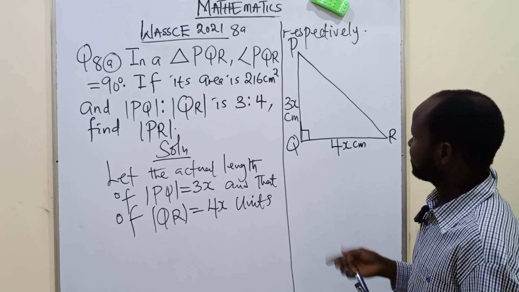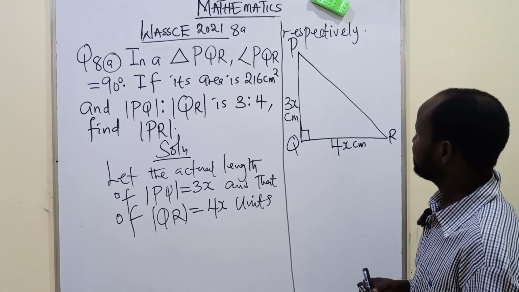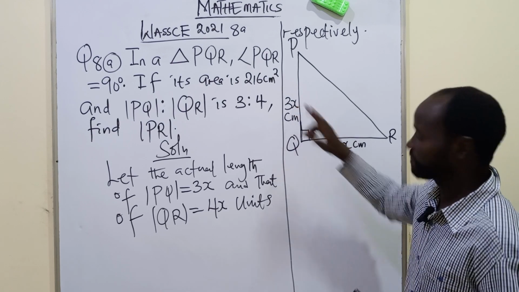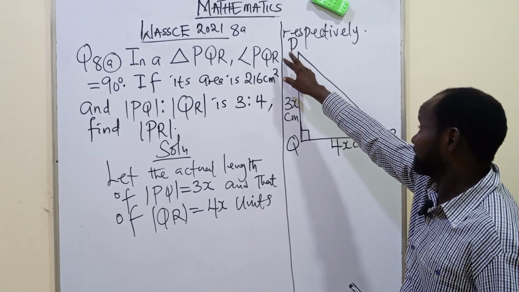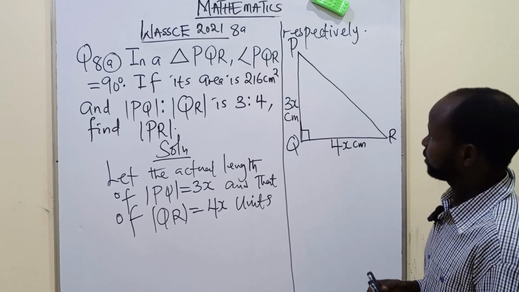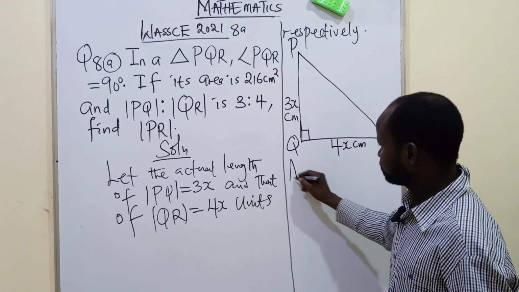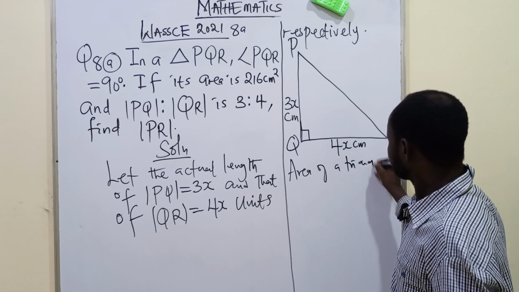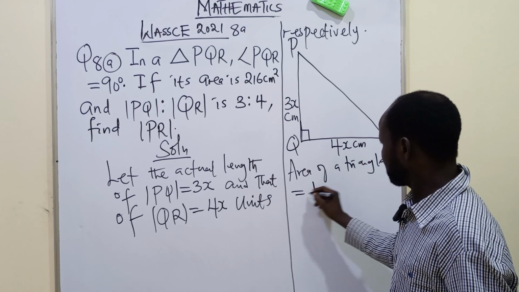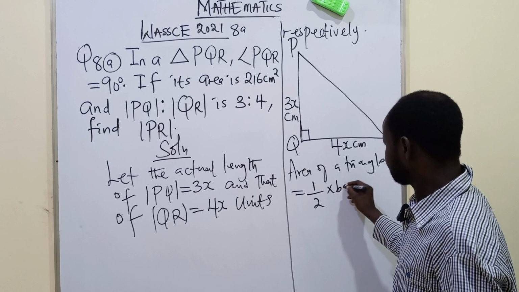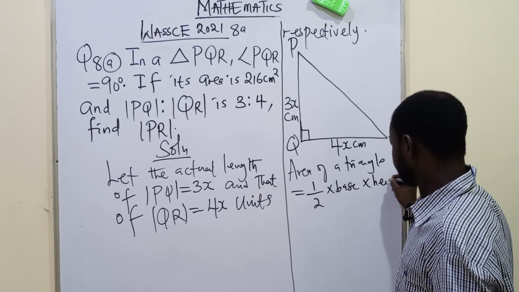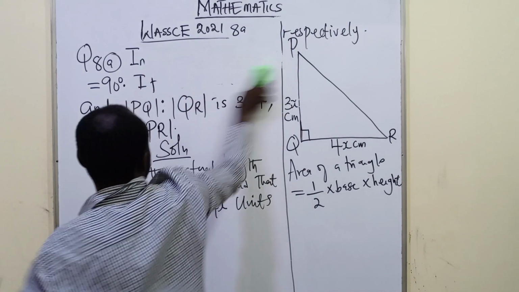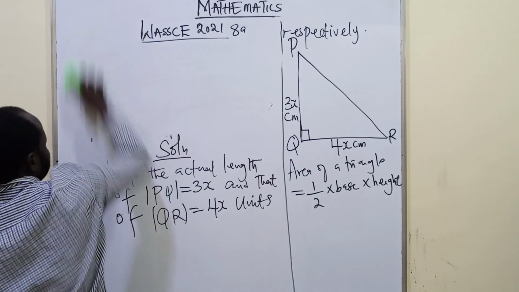The area is given. Since the area is given, we first have to find the value of x before we can find length P to R. Area of a triangle is equal to half base times height. That's the area of a triangle.